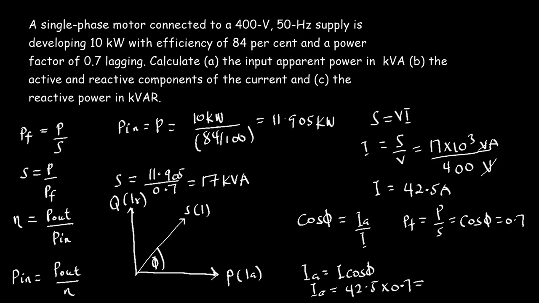You have 42.5 times 0.7, so that will give us a value of 29.75 amperes. So this will be the active current. Now we want to find the reactive component also, so let's look at how you're going to do this.